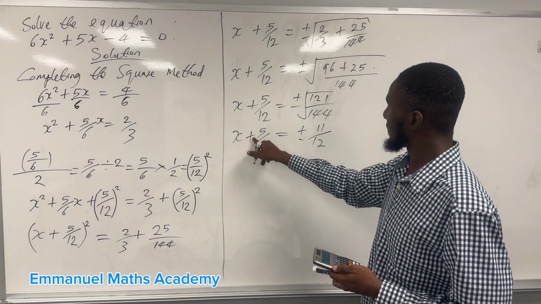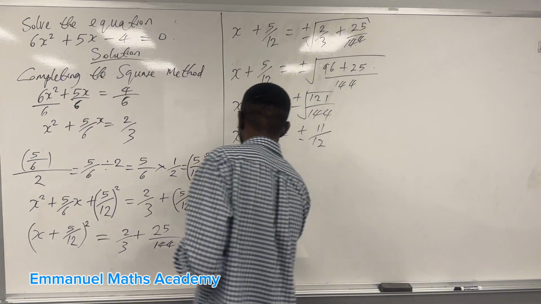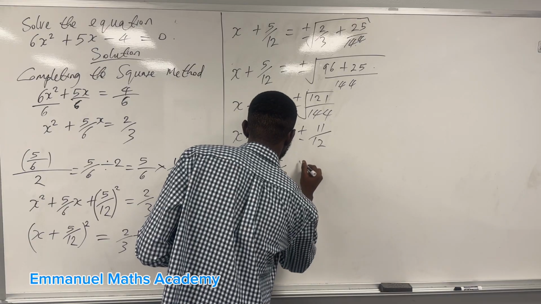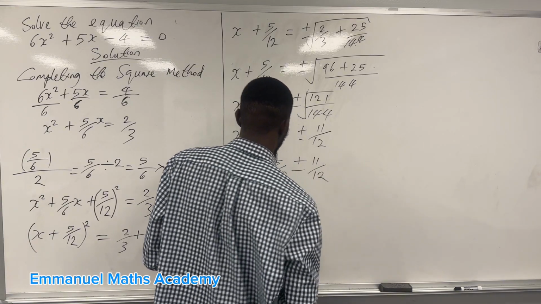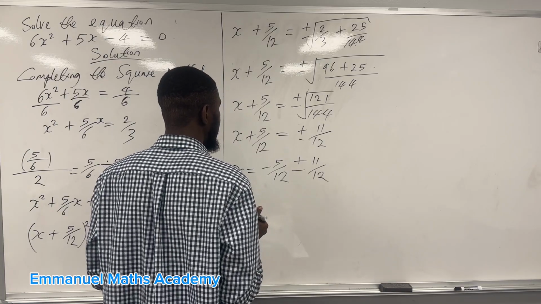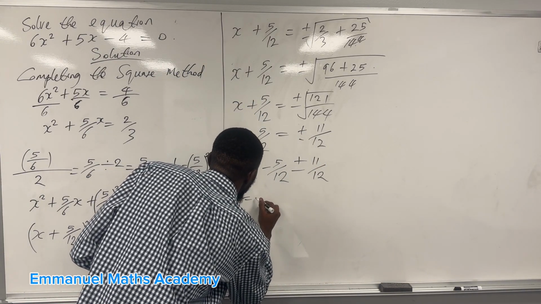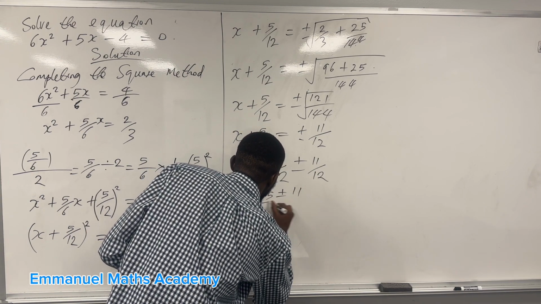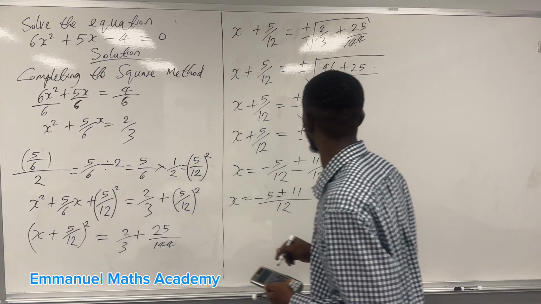You bring this 5 over 12 to this side. You have x equal to minus 5 over 12 plus or minus 11 over 12. This is equal to x equal to minus 5 plus or minus 11 all over 12, because this is what they have in common.